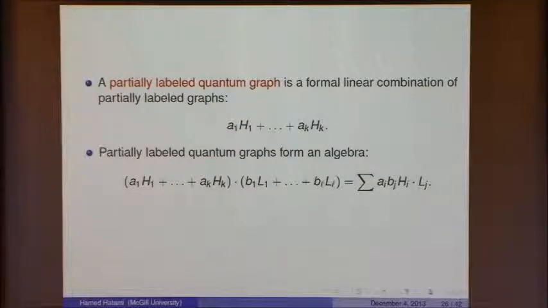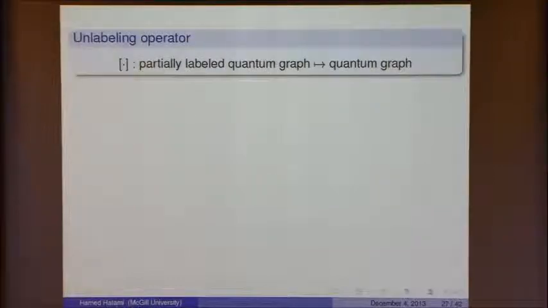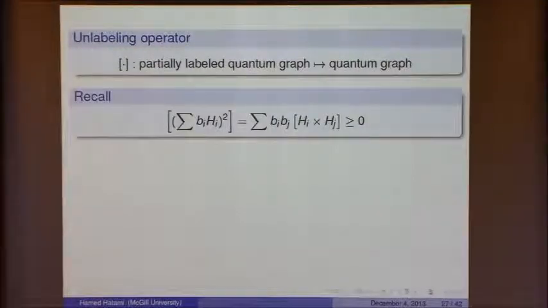So this turns the whole set of partially labeled quantum graphs into an algebra. And I have this linear operator which erases the labels, from this algebra to the other algebra. For example, what we did a few slides ago, squaring and then unlabeling, corresponds to this identity here. You can square it, expand it, you get this, and since this is a linear operator, you can just take it in and get these identities.